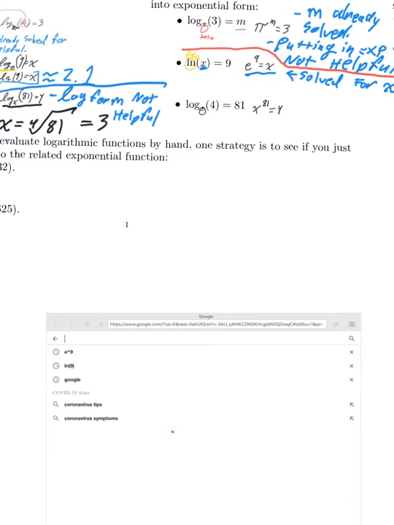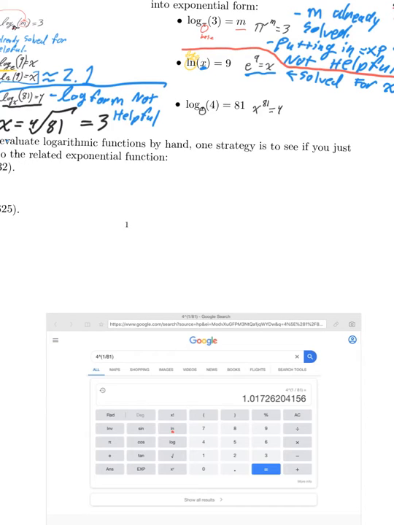And remember, roots can be written in terms of fractional exponents: 4 to the 1 divided by 81. So there's how to compute the 81st root of 4. What do we get?